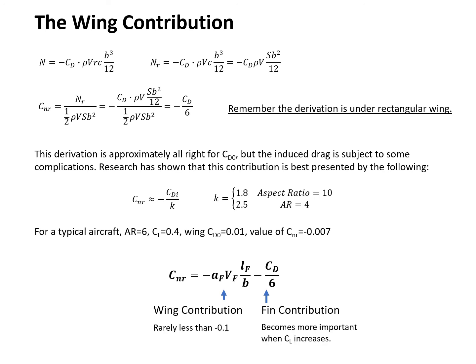The fin contribution is really less than minus 0.1, and in comparison the wing contribution is less important, but it becomes more important when CL increases. So now we can close this derivation for CNR, and I hope you can also relate the wing contribution to CLR. That helps us to understand: one is for lift, the other is for drag.